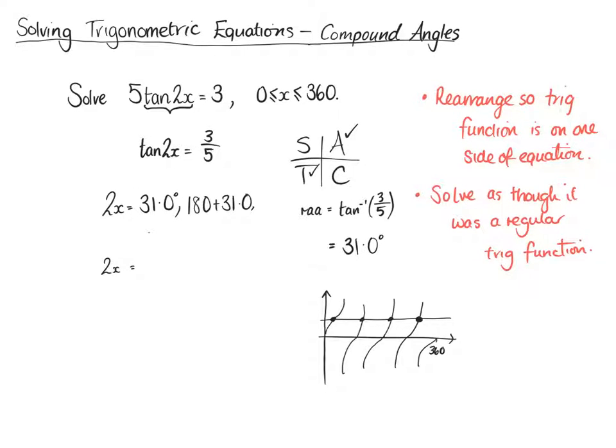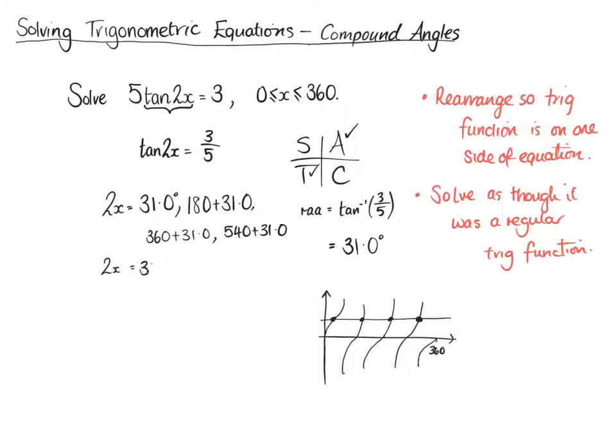So we need 4 answers for the 2x, and then we're going to find x after that. So we're going to need to do 360 plus 31.0 and 540 plus 31.0, because as we go round our graph, we're going to get extra values.